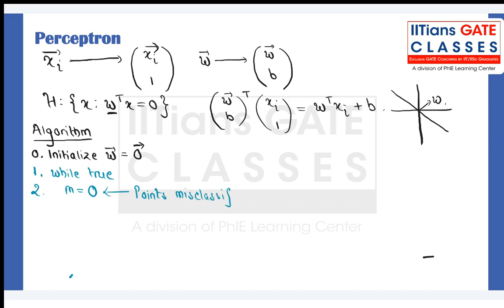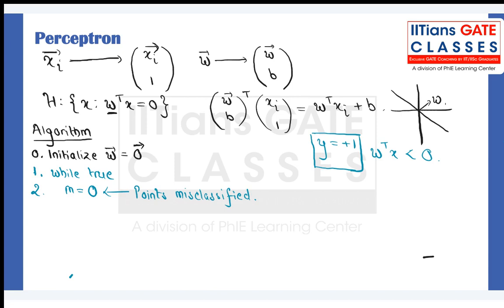What do I mean by misclassified? Initially, whatever the status of your weight vector, you are trying to train a model. If your y is, let's say, +1, which means your true output should belong to the positive class, and your W transpose X gave a value less than 0, which means your W transpose X is trying to say that the answer is -1, but in the true sense your answer is +1.